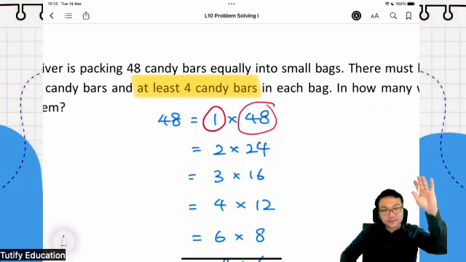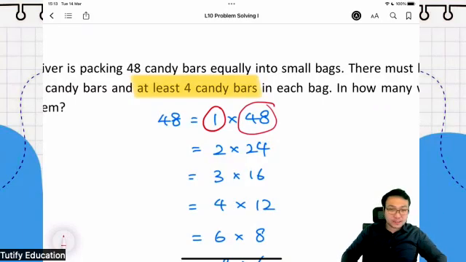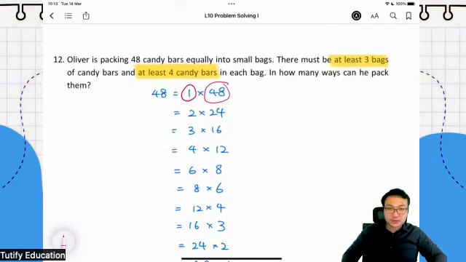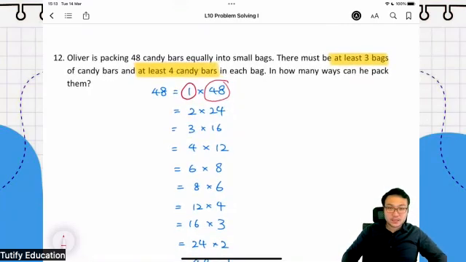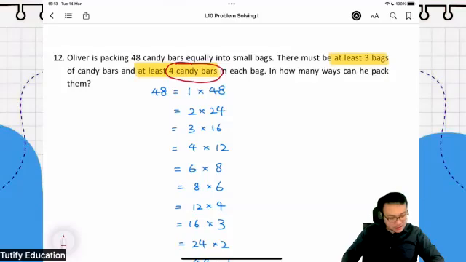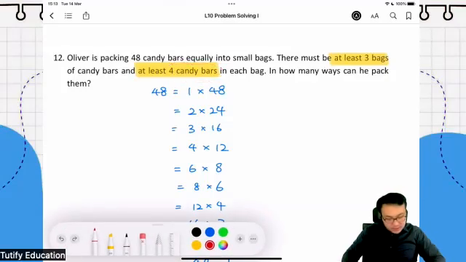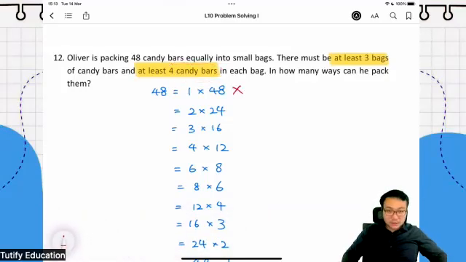Raise your hand. Am I allowed to put one candy bar in each bag? Yes or no, students? Who says yes? Who says no? Actually, you know what? You must have at least 4 candy bars in each bag, correct or not? So this is not allowed, right?